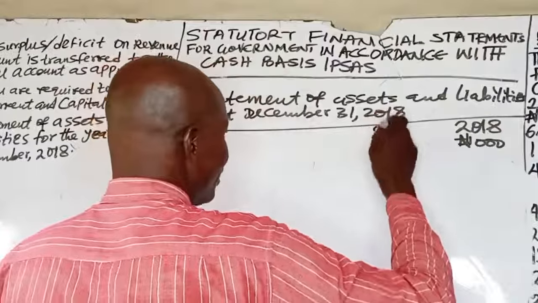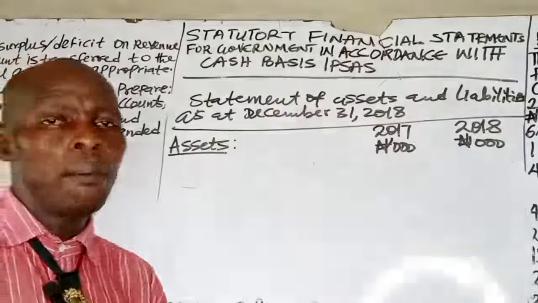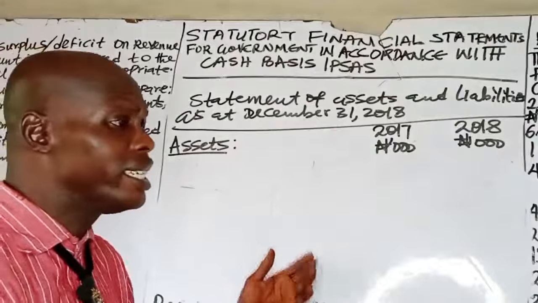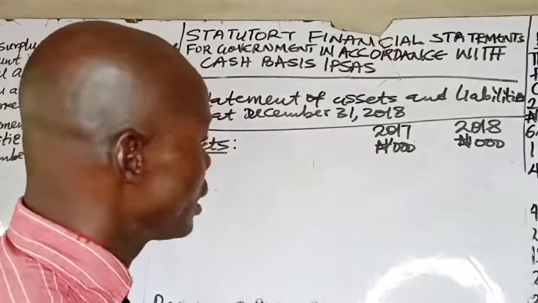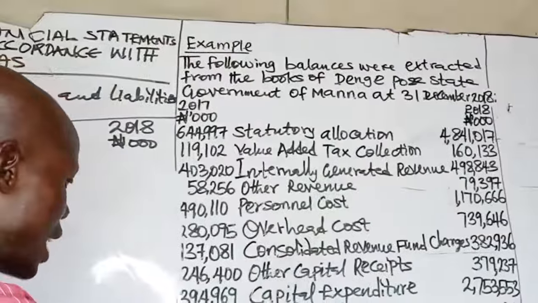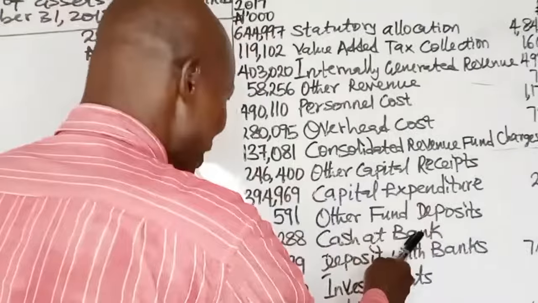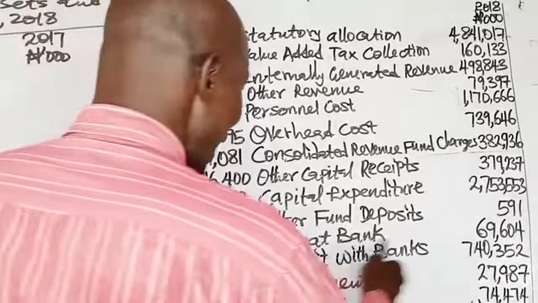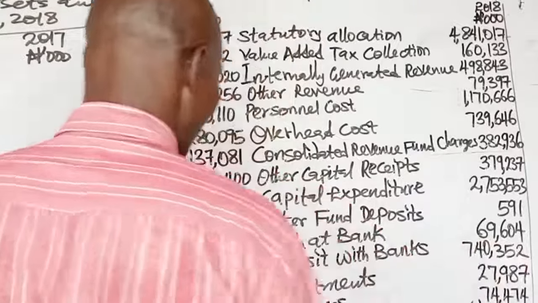So you start with assets. I've told you you are going to arrange your assets in order of their liquidity, starting with the most liquid asset. The most liquid asset is cash. Now, go back to the question. You have cash at bank. 2017, we have 28,288 and 69,604 for 2018.